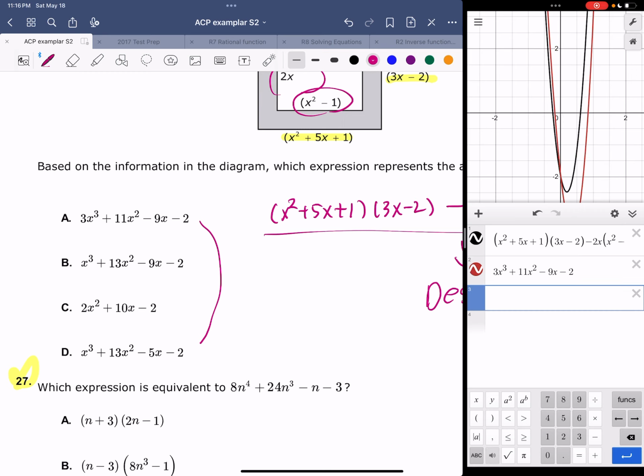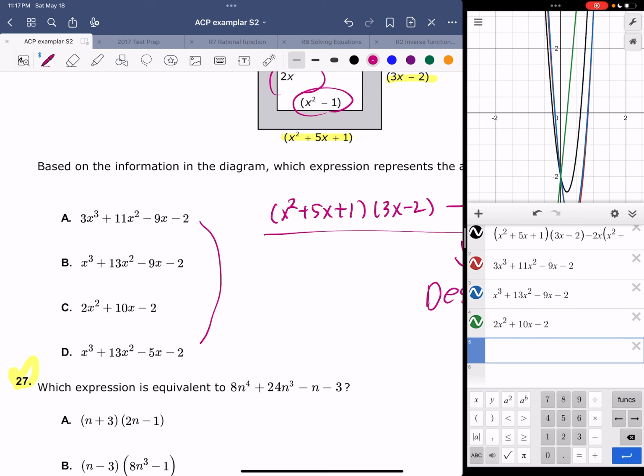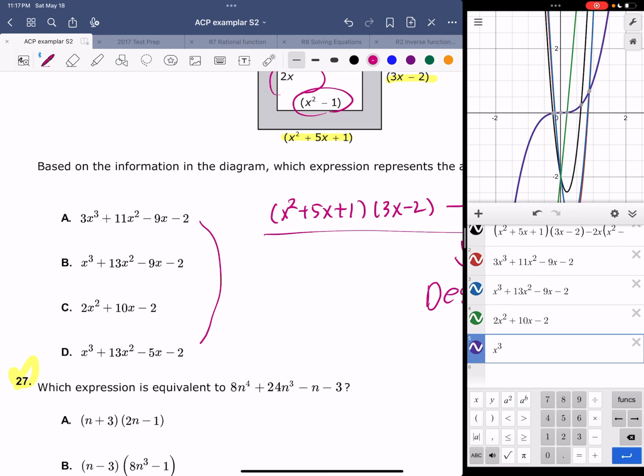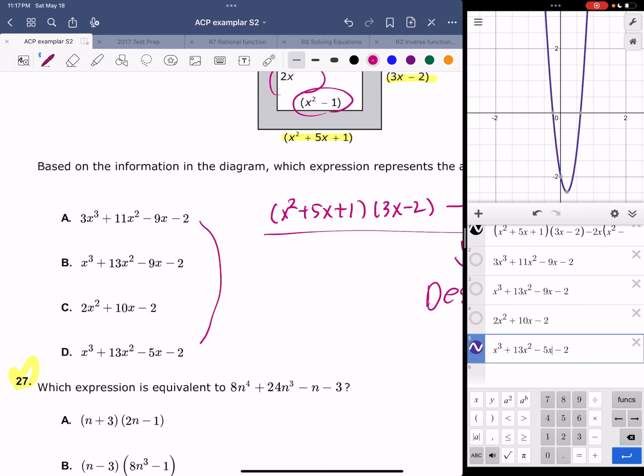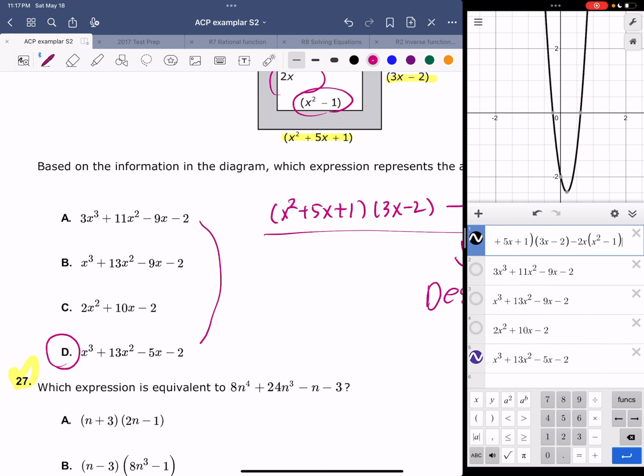So the first one is not it, x to the third power plus 13x squared minus 9x minus 2. That's not it. 2x squared plus 10x minus 2. I don't think so. X to the third power plus 13x squared minus 5x minus 2. I guess this is it. So let me double check. Yep, do you see the last one? This is the only thing that matches like this, so the answer is going to be D.